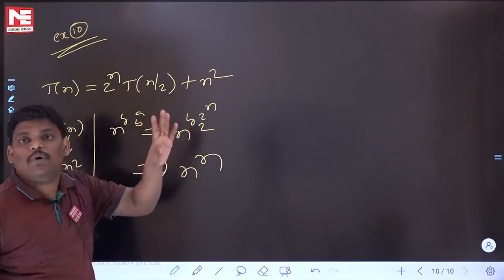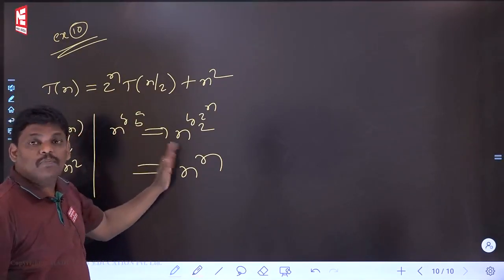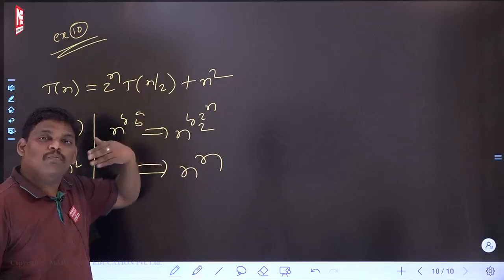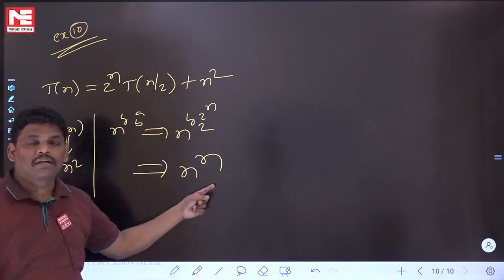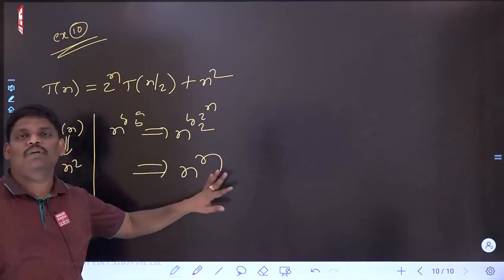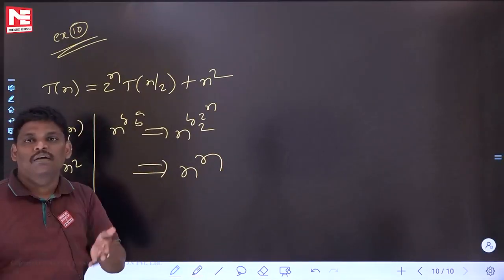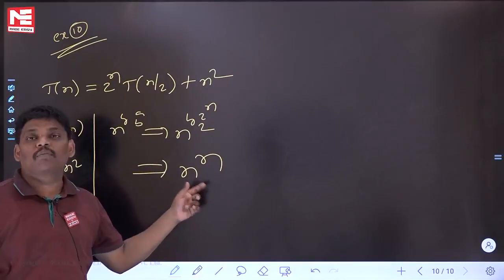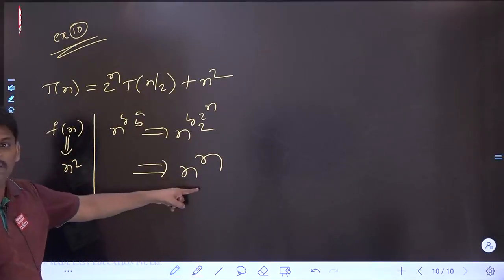It cannot be a logarithmic term, that is the third case. If you check, n square versus n power n, it is bigger by n power n minus 2, which is polynomial or more, no problem. Please be careful: polynomial means at least a minimum polynomial times bigger. Yes. Then what is the answer? Whoever is bigger will be the answer, everyone knows.